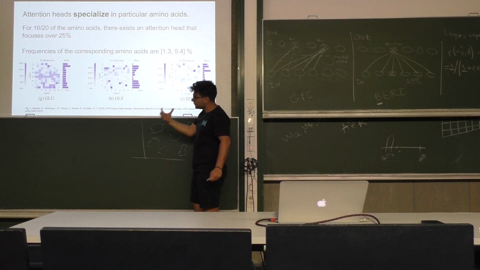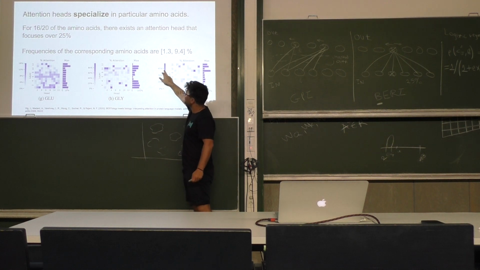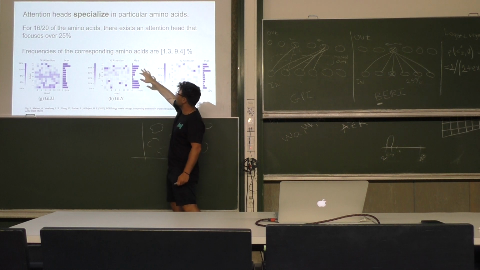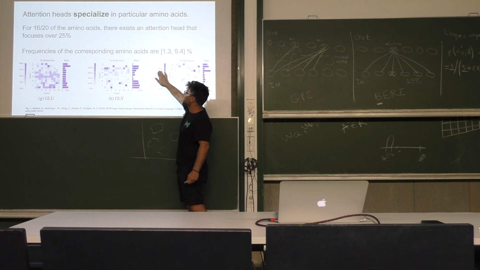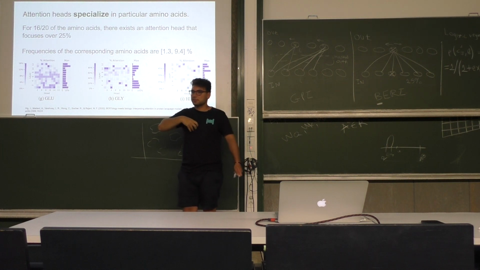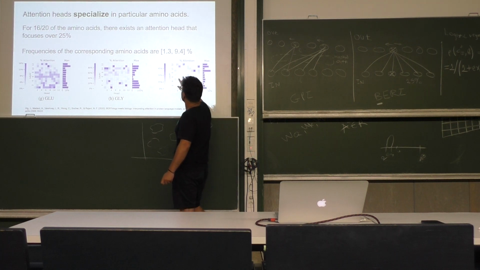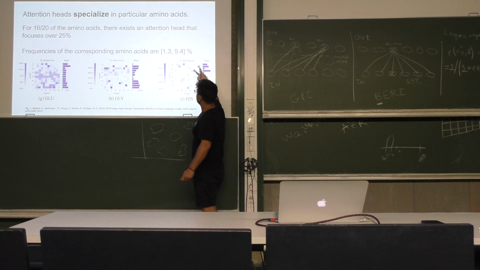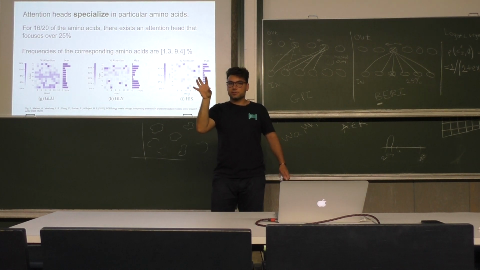And to illustrate what 45% means, here they provide the frequencies that statistically the amino acids attend to each other, which are always below 9.4. So assigning such a high percentage with such high confidence means that these heads are kind of specialized. Is it clear why this confidence is so important?